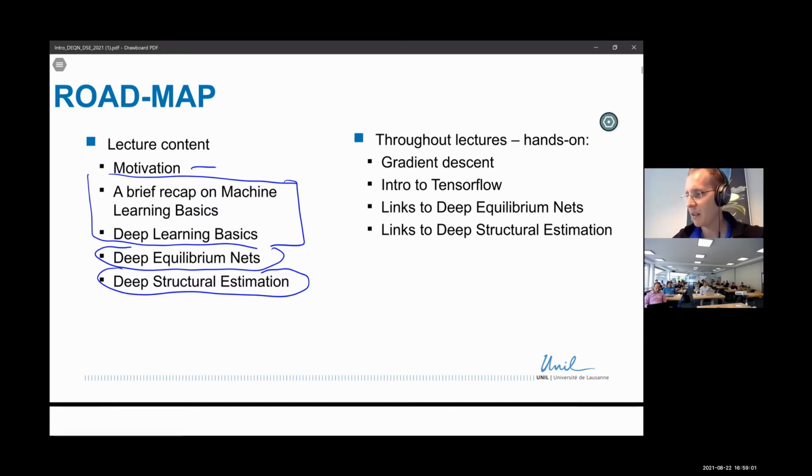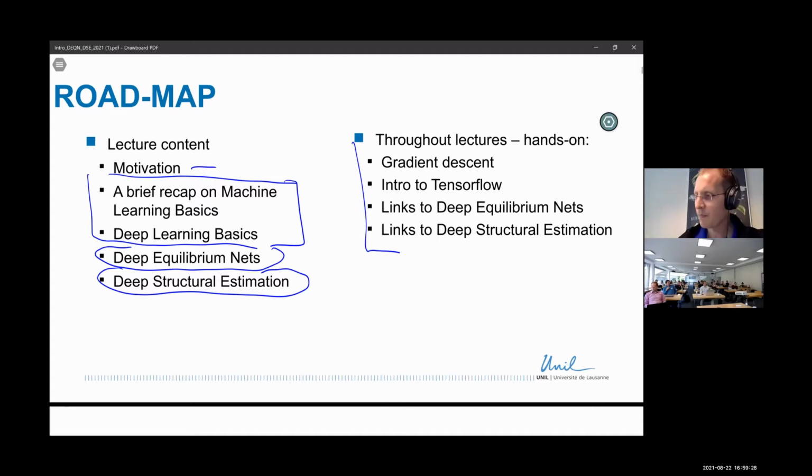As I said, I will not have time to go through everything, but for all the stuff that I do here, I uploaded a bunch of codes to the Git repository of the summer school. For instance, there is a code that explains how gradient descent and stochastic gradient descent work, the way to estimate the parameters of the neural net.